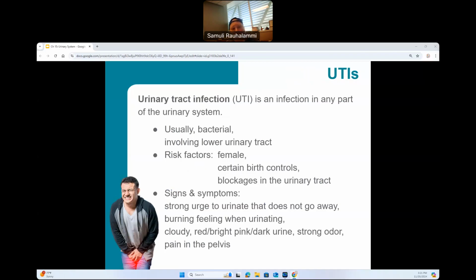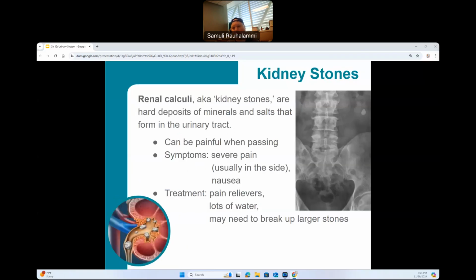Let's have a look at the next condition that we have listed, and that's kidney stones. These are hard deposits of minerals or acid salts that stick together in concentrated urine. They can be painful when passing through the urinary tract, but usually do not cause any permanent damage.